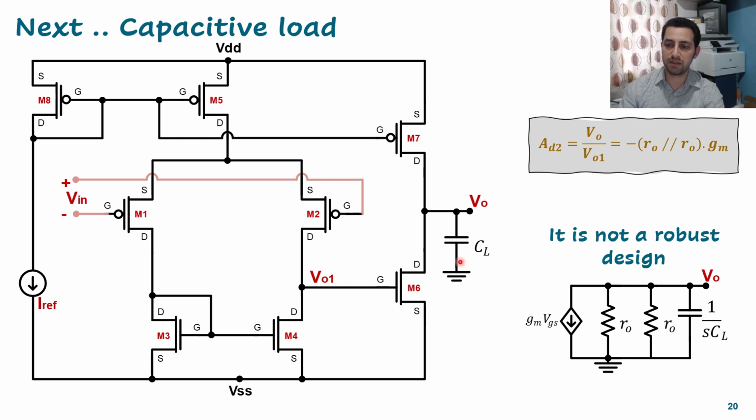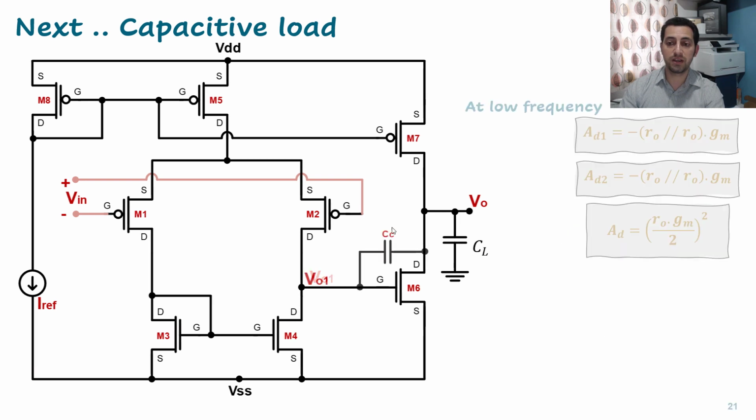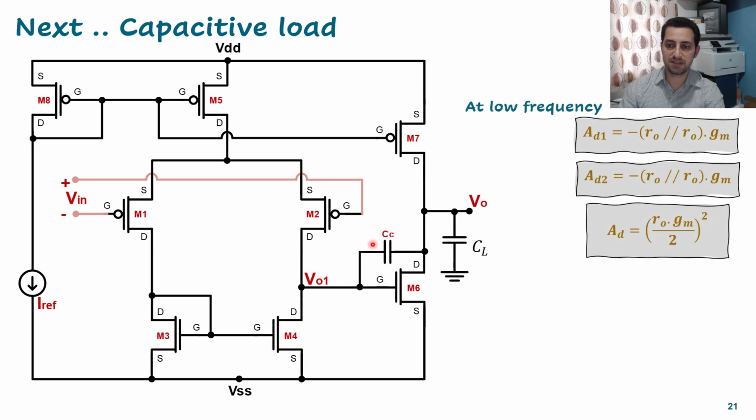So how I can mitigate the impact of the output capacitance is by bringing CC here. That CC is another capacitor, and maybe in simple words, if you have very high frequency, that will behave like a short circuit, shorting the second stage and bringing V output 1 to V out. Yes, it will reduce the gain, but I will not be under the mercy of the output capacitance.